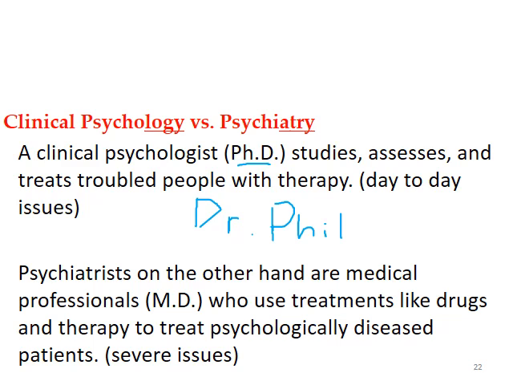Psychiatrists, on the other hand, are medical doctors. They are medical professionals who treat psychological disease patients, with severe issues, using drugs and therapy. A lot of people get psychiatrists and psychologists confused. The easiest way to figure that out is medicine.